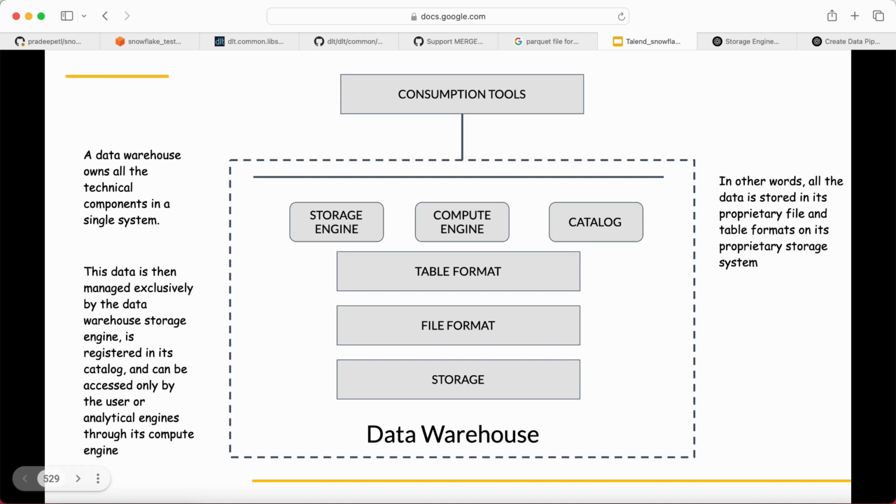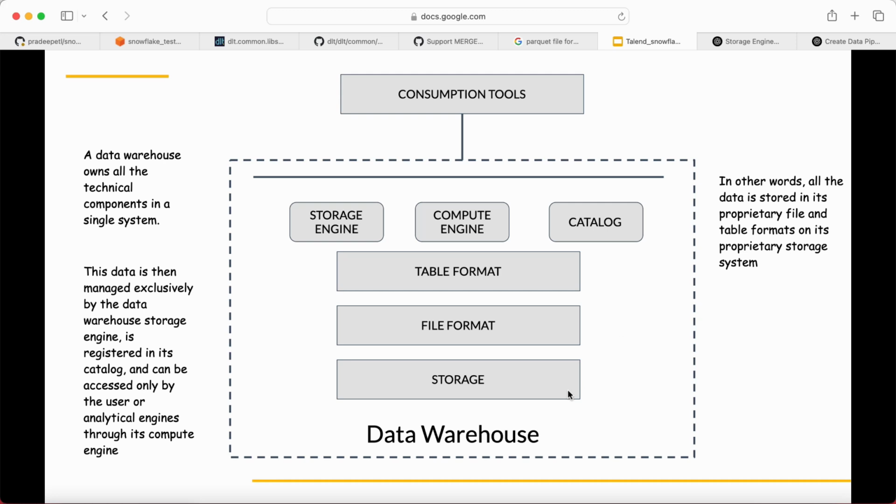And this data is then exclusively managed by the data warehouse storage engine, which is registered in its catalog, which is again proprietary and can be accessed only by the user or analytical engines through its compute engine. So the compute engine will also become proprietary. The catalog will also become proprietary, and the storage engine, which helps us lay out the data on the storage, is also a proprietary system.